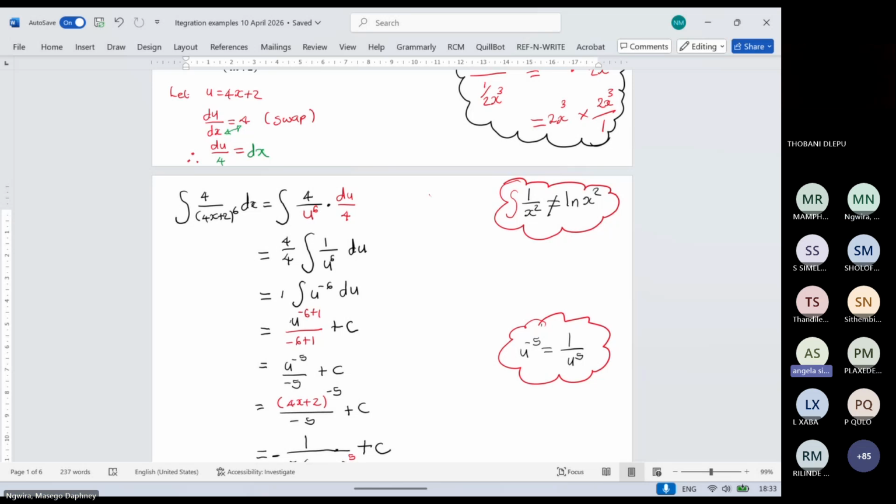If it's a fraction with 1, if I said to you integrate, let's say this was 4 over x, you still use the ln x here. You take the 4 this side, so this will be 1 over x, right? And then this will be 4 ln x. So if your exponent is higher, yes.